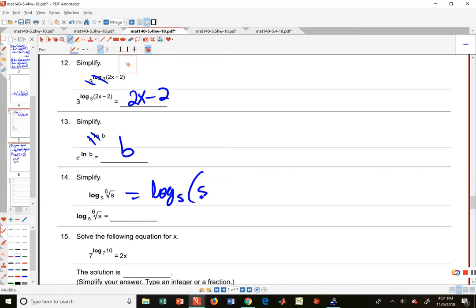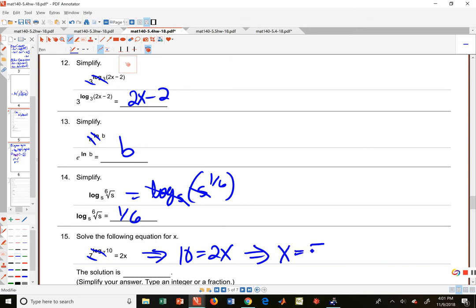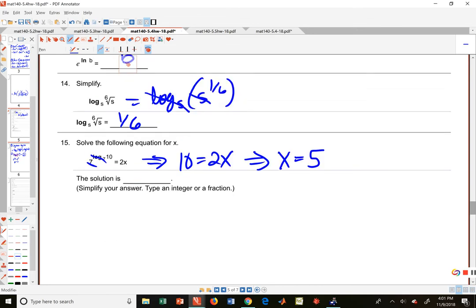It does cancel with the base, but you have to rewrite the exponent up there. And so this cancels with that, leaving you a 6th. This cancels with that, leaving you 10 equals 2x, which means x equals 5. So the solution to that equation is 5.